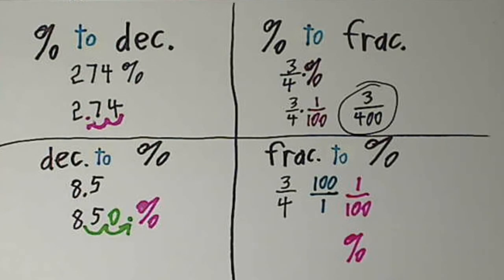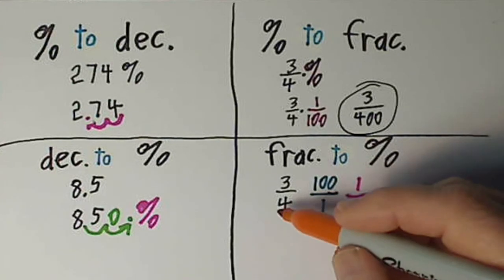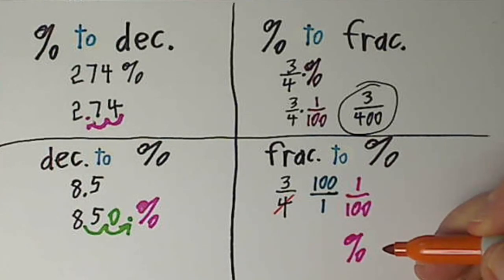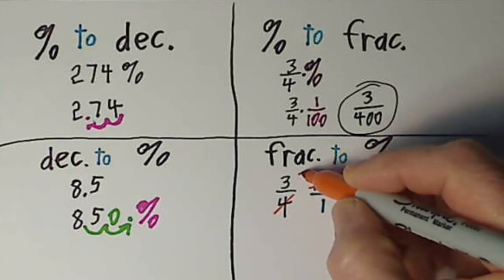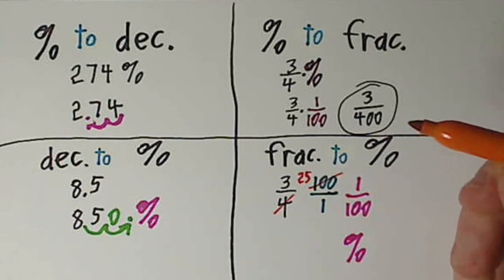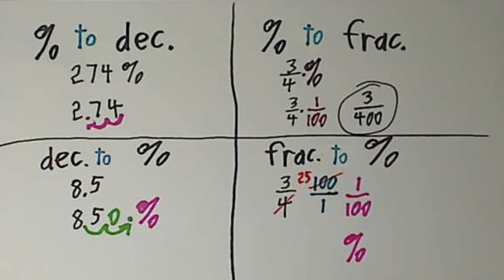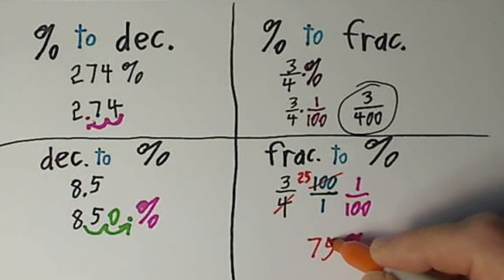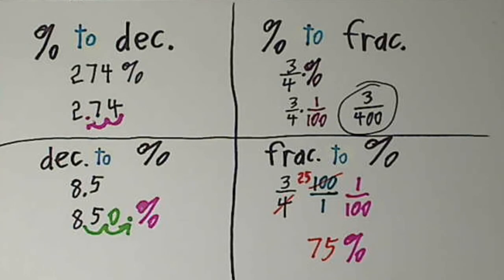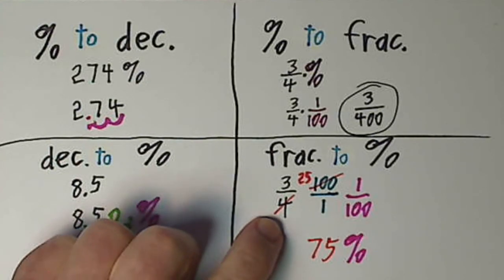And I can reduce before I multiply. 4 goes into 4 once. 4 goes into 100 25 times. 3 times 25 is 75. Okay? So if I have the fraction 3/4, that's the same as the percentage 75%.